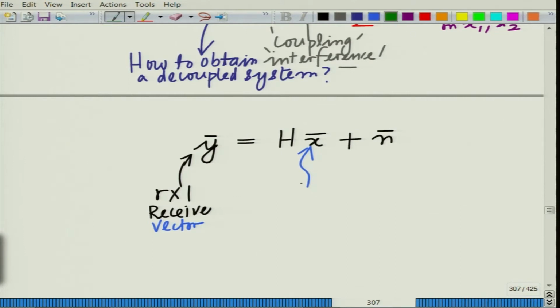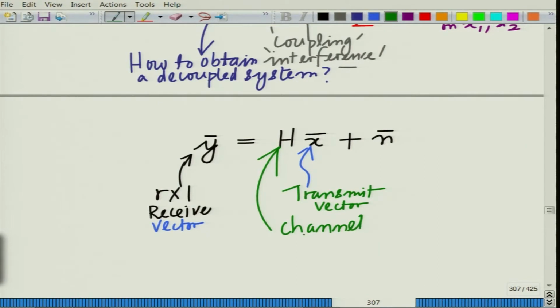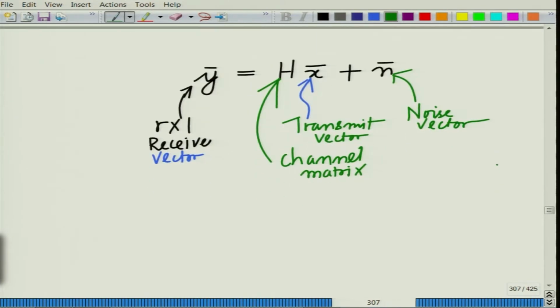This is our transmit vector, and this is our channel matrix. And this is the noise vector. Now, what we do over here is first perform the SVD of the channel matrix. This is what we start with.